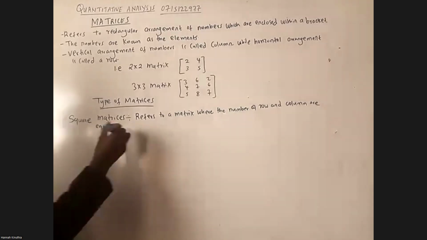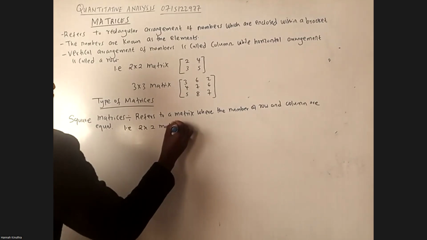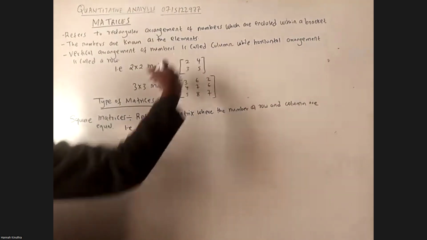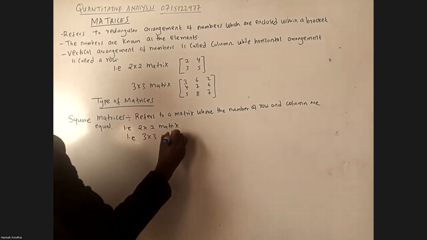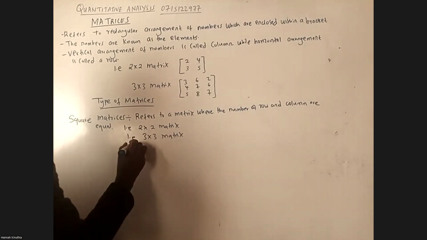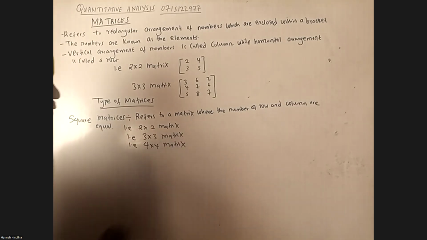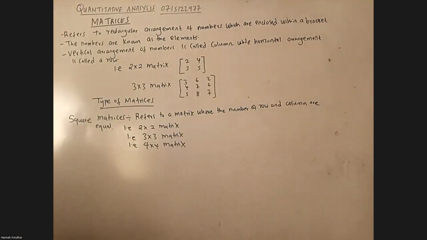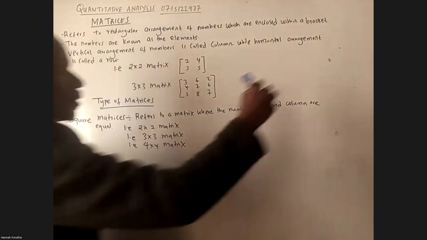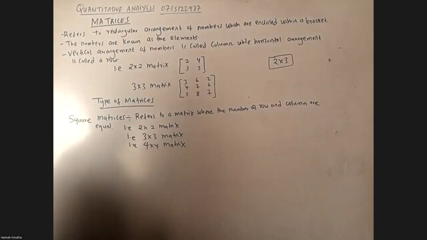And a good example is a 2 by 2 matrix. As you can see, the number of rows and the number of columns are the same. Or we can also give a 3 by 3 matrix, or a 4 by 4. So the number of columns equals the number of rows. But when you find this one, 2 by 3, this one is not a square matrix.